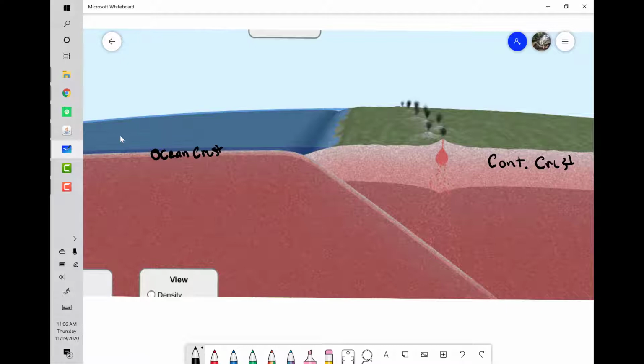We have the mantle, most of this red stuff. And let's see here, we've got a trench. And all of these are volcanic mountains.